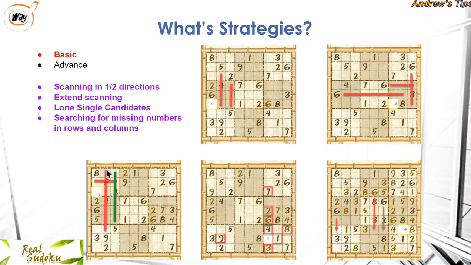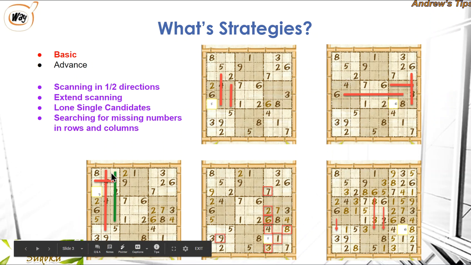So these 2 columns for this region cannot use the 9. So only one cell is left. So you put the 9 here. This is extending the scanning in this way. Of course, you can use that way directly.